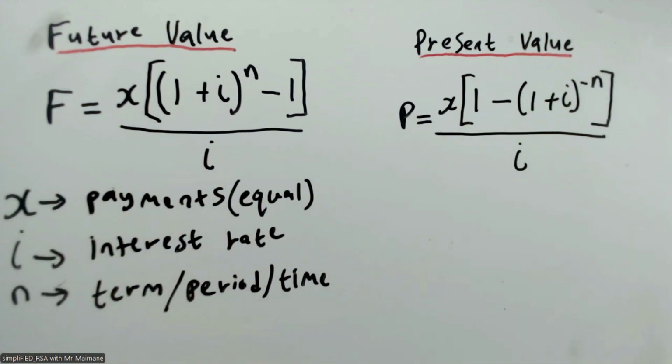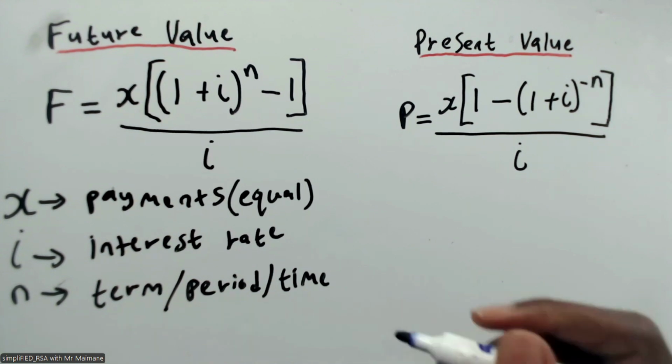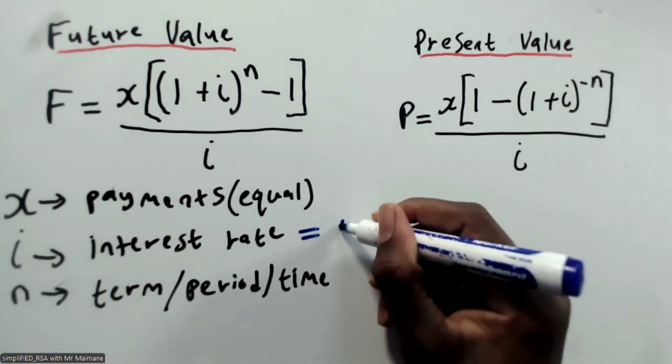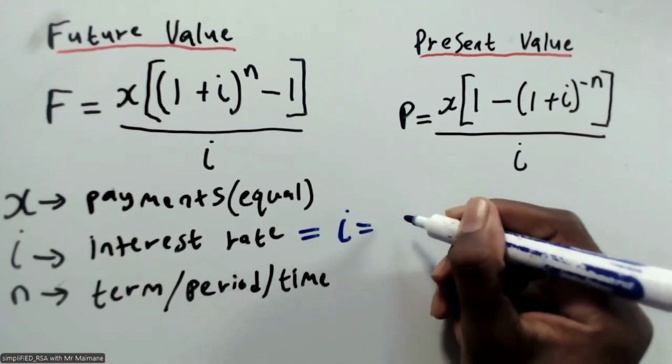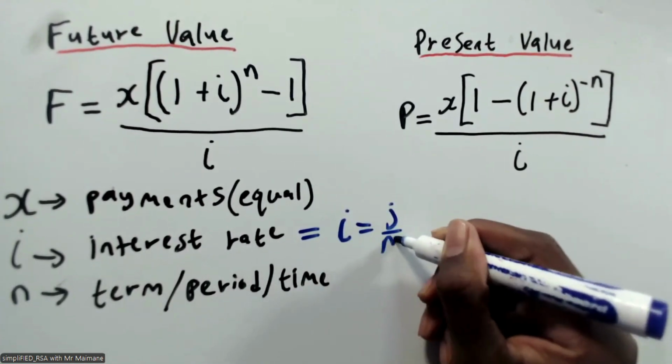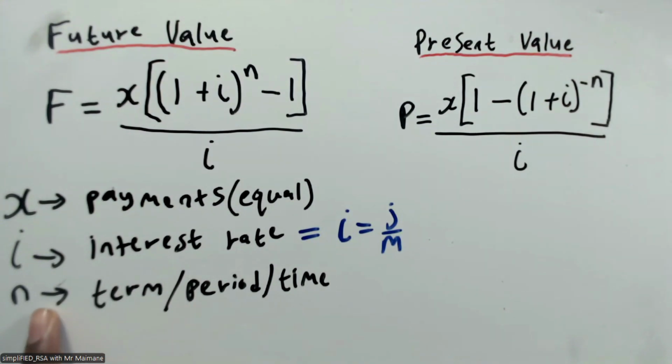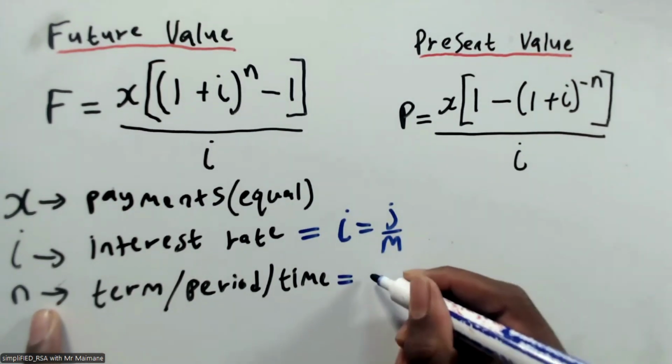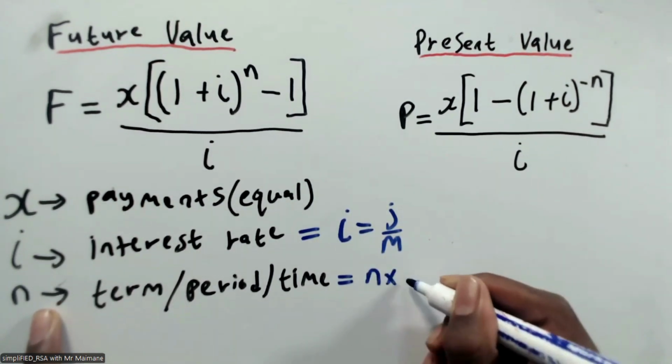So you must always divide I by the compounding period, and you must also multiply N by the compounding period, such that our I has to be I divided by the compounding period, and our N has to be N times the compounding period.